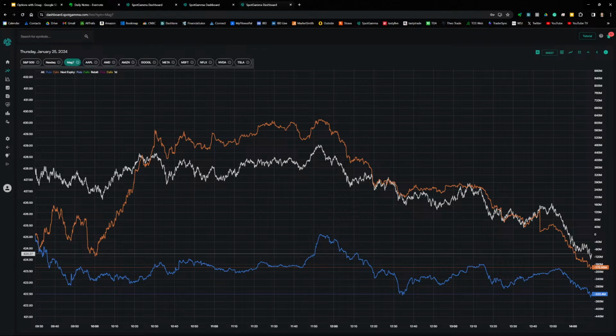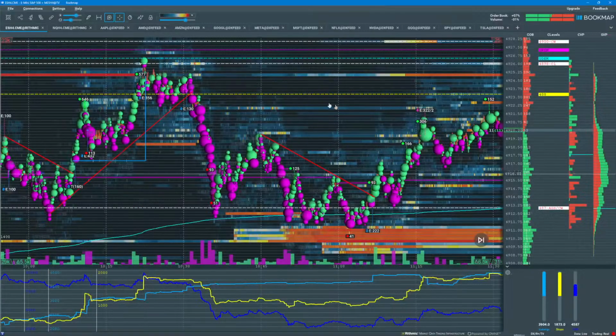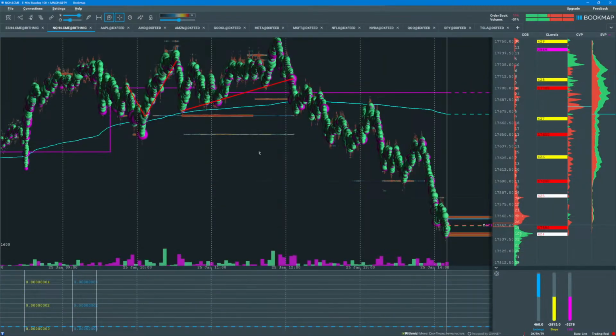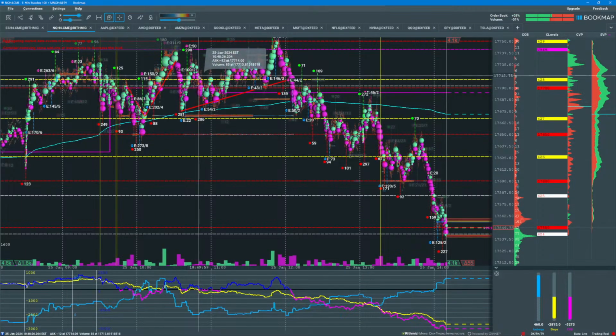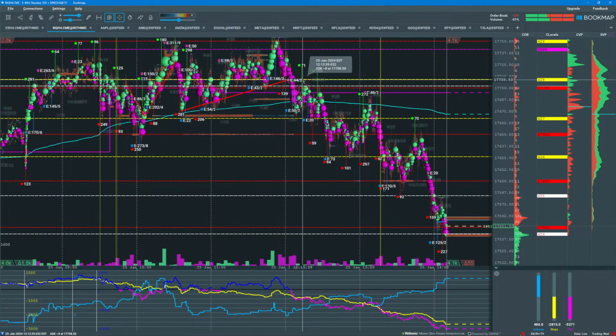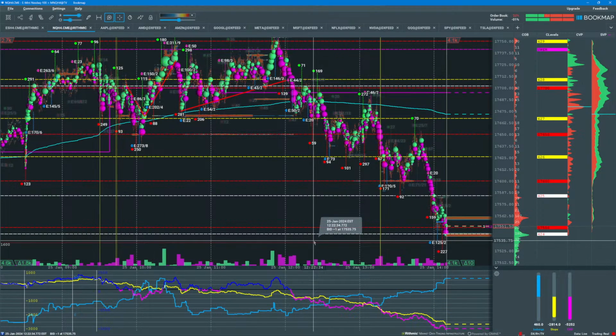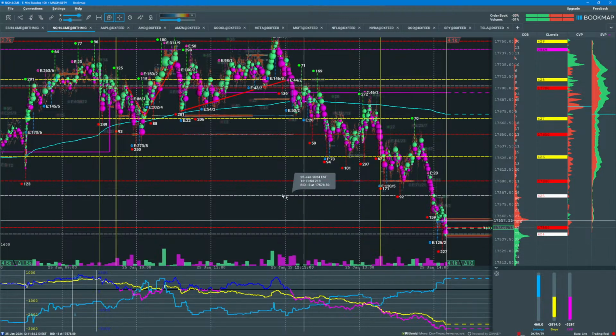Let's go to NASDAQ. All right, so obviously right around noon, the better setup would have been short, but I primarily trade in the morning.